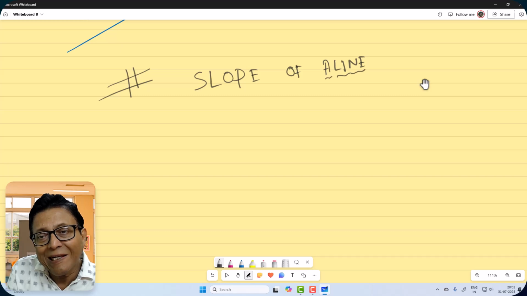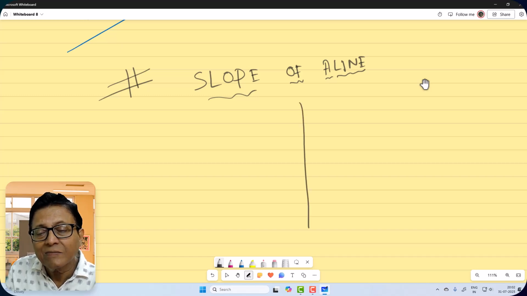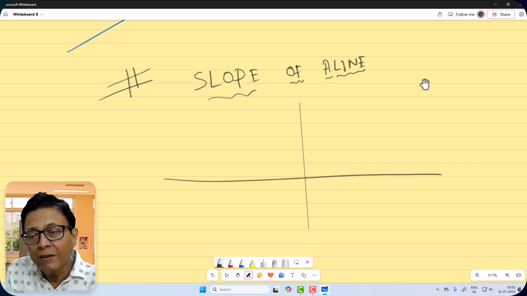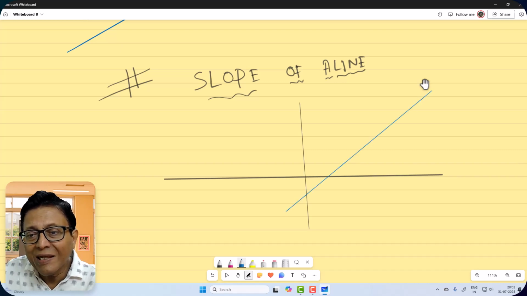Slope of a line. What is that? There is a line which makes some angle theta with x-axis.